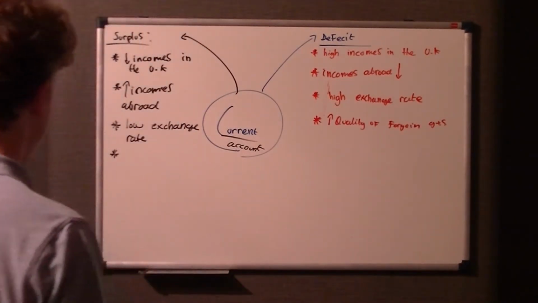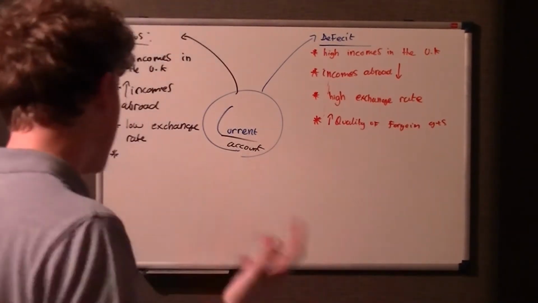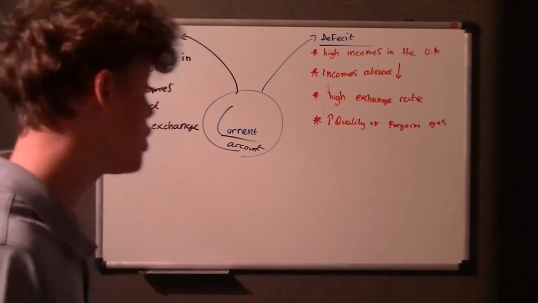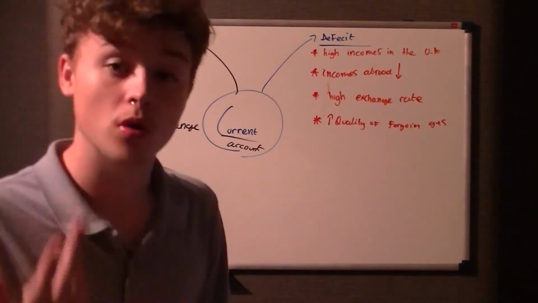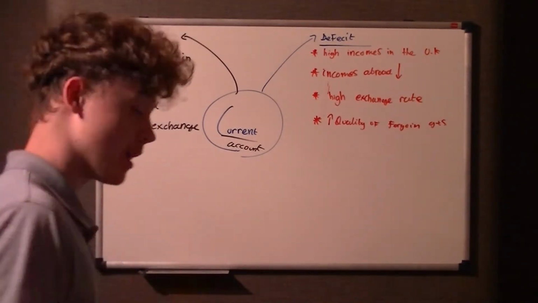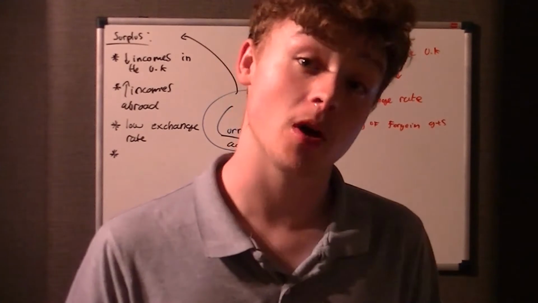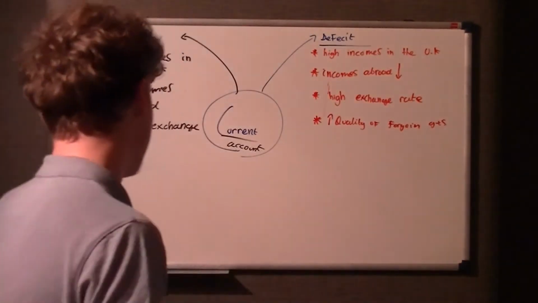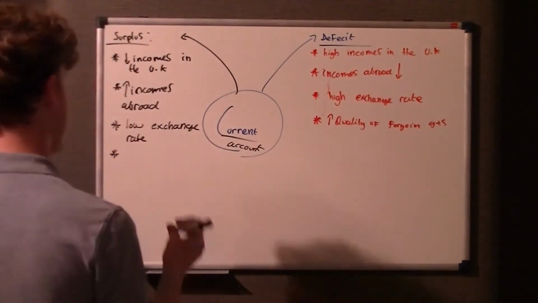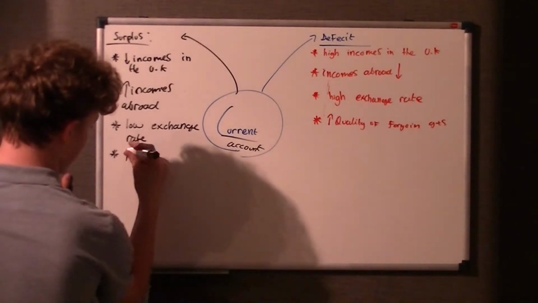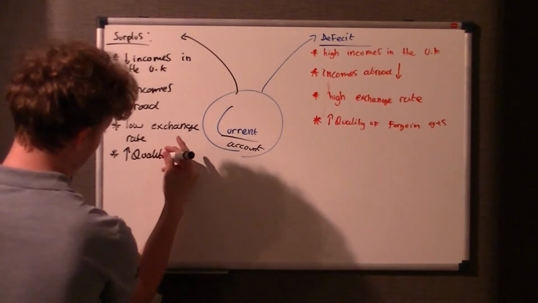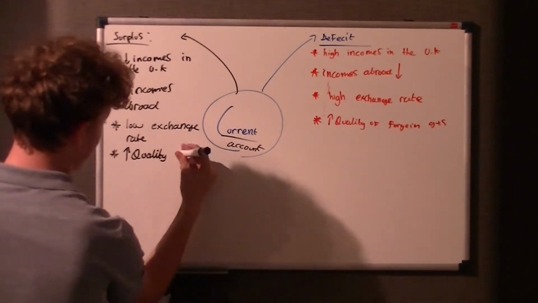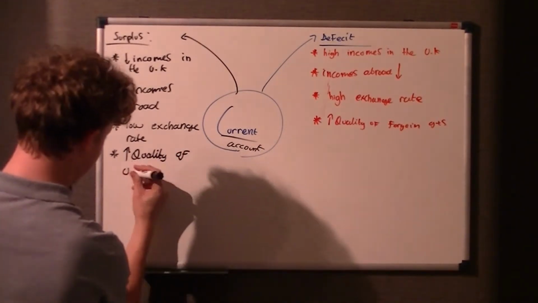But because the people in the UK import less, the imports are reduced and the exports increase because of the low exchange rate, and the quality seems better. So basically, to a foreigner, it seems cheaper and it seems better quality. If we're assuming the exchange rate is simultaneous, so the quality of UK produced goods increases. So quality and quantity, but I'll just write quality of UK goods increases.